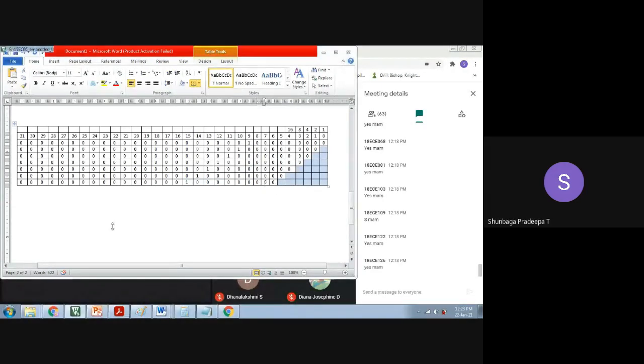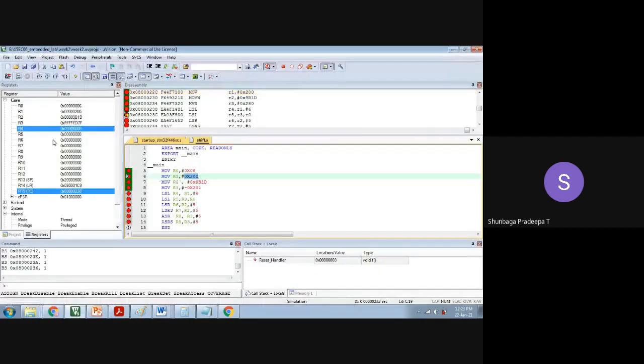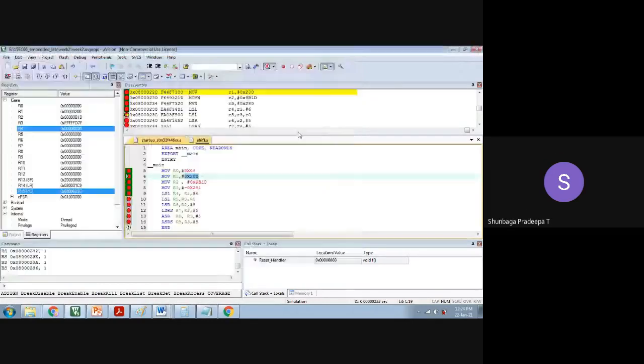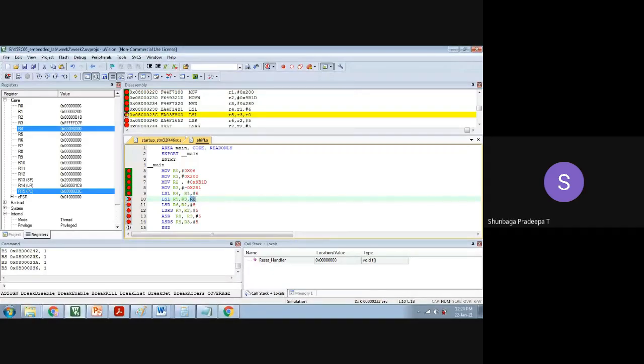So shall we check that? You will be getting it as hex 0, 0, 0, 0, 8, 0, 0, 0. So this is how this logical left shift has taken place. We are getting it immediately. All those steps we did are done at the back end, and we only get the final result. Next instruction is LSL R5, R3, R0, which means you take the R3 register and shift it by the content of R0, n times.